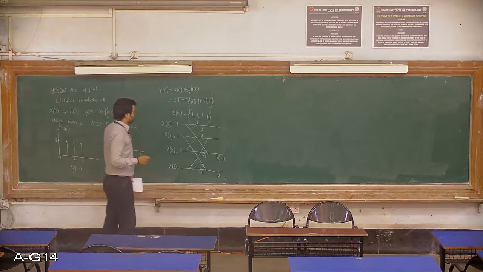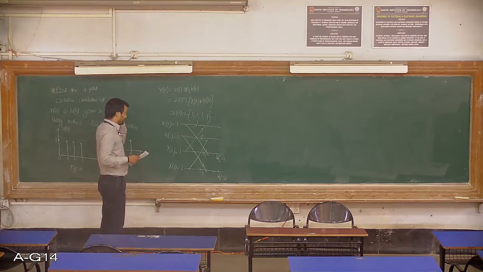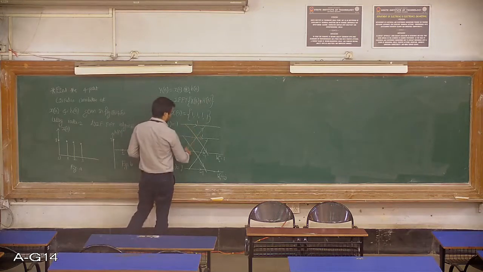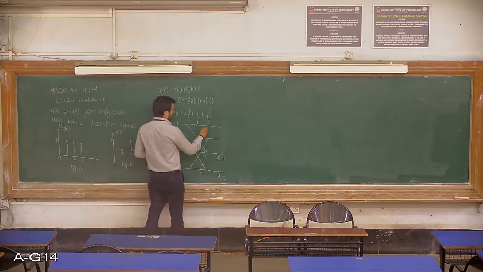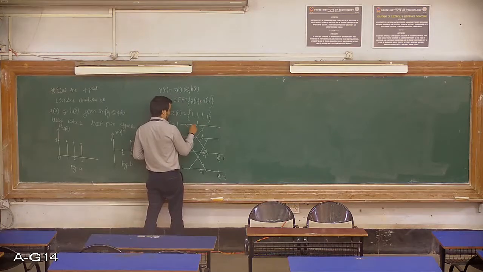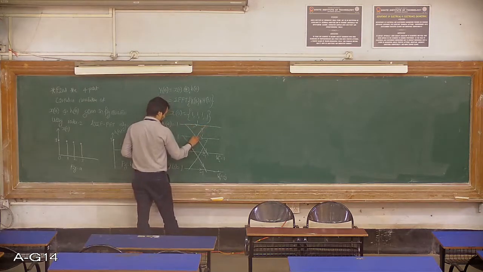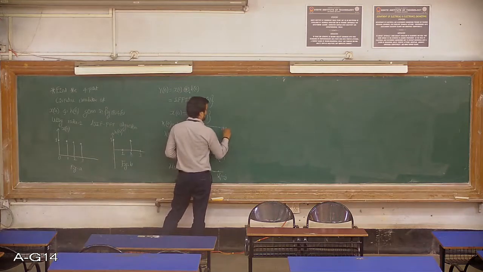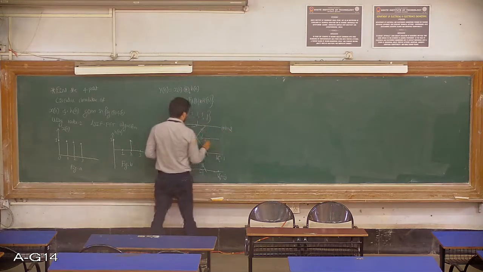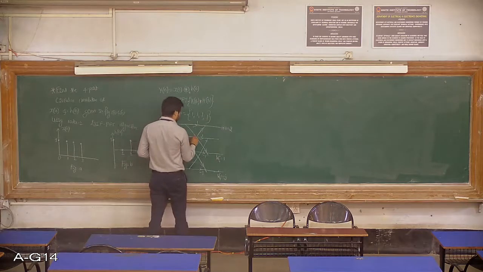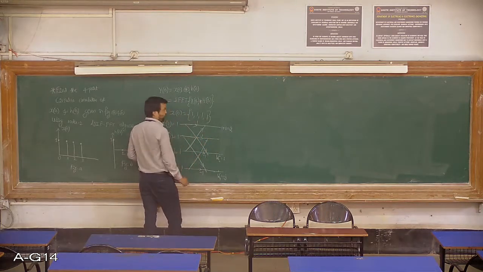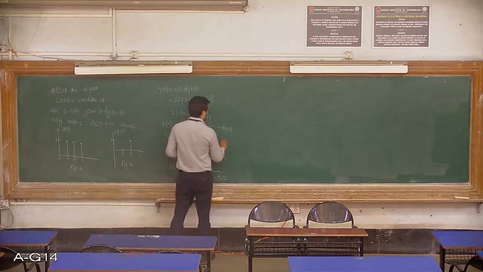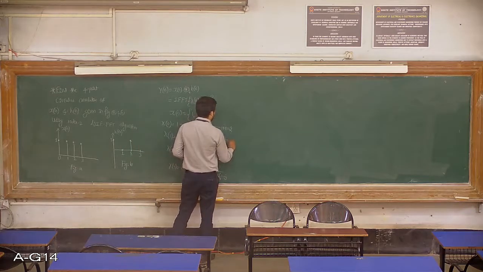Compute the values. Here 1 plus 1, because here summation is there. So 1 plus 1. So 1 plus 1 we'll get here 2. Compute here. So here it is 1, and one more is from here. So 1 into 1, 1 plus 1, here also we will get 2.